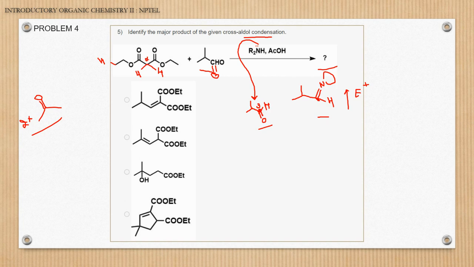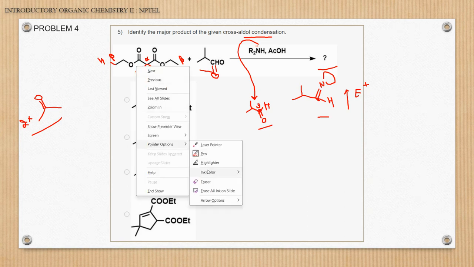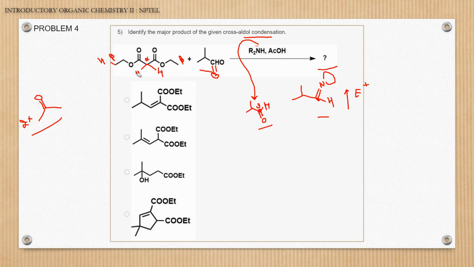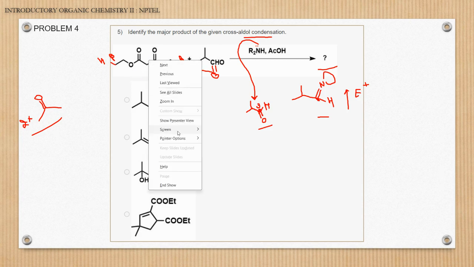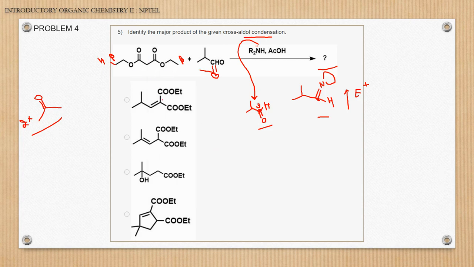Is it alpha hydrogen or beta hydrogen? Because the molecule is symmetrical, both are beta. So tell me, which is the more acidic hydrogen, alpha or beta? Alpha. Alpha hydrogens. Very nice. Because, as you can see here, after the removal of the alpha hydrogen, the carbanion that is generated over here is highly conjugated.